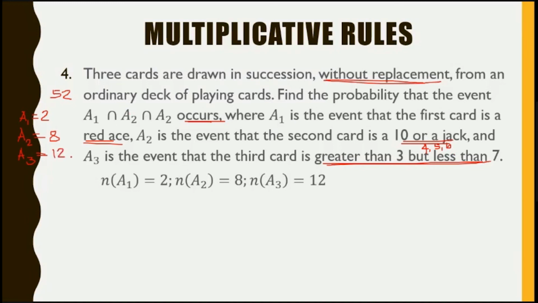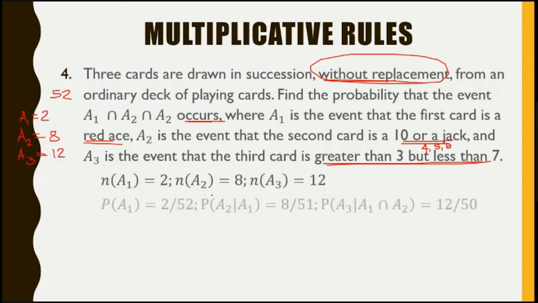Now we might say that these are the probabilities of the three events. However, you have to take note that we are not replacing the cards, which means if we take out one, the number of cards will be deducted by 1. So that will become a conditional probability. These are now the outcomes.